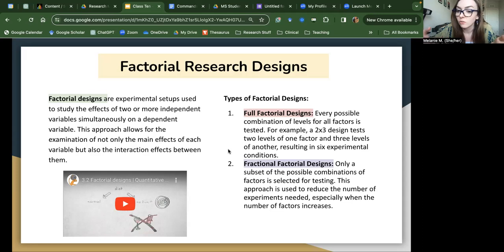A fractional factorial design is only using some of those combinations. So we can call it incomplete. It does get more complicated, but either way, full is looking at all the possible variables of interest and their relationship with each other, and fractional is just going to look at specific ones.